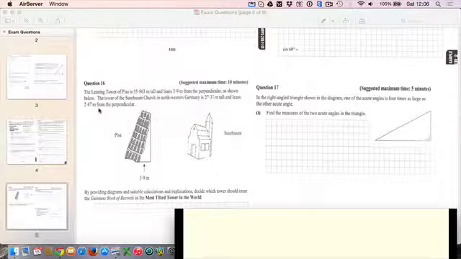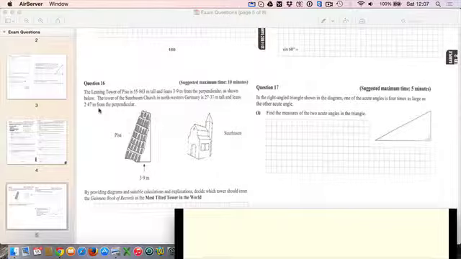Which way is the lean? Is it leaning that way or that way? We should just try and draw it the same, so you don't confuse yourself. Just try and draw it the same way as Lena.